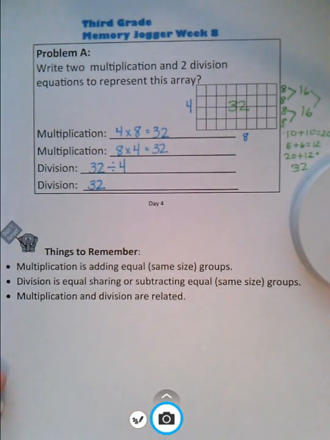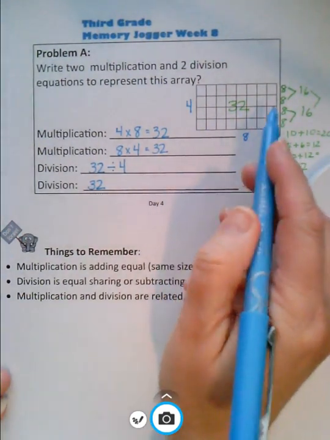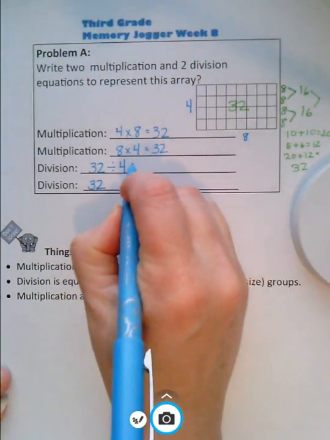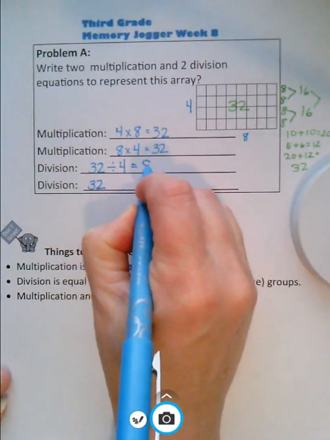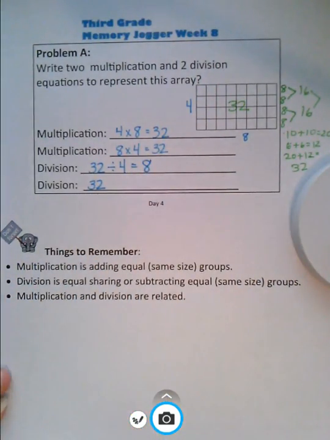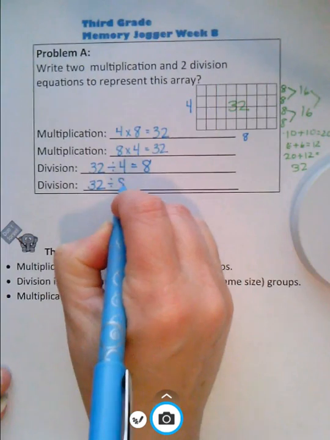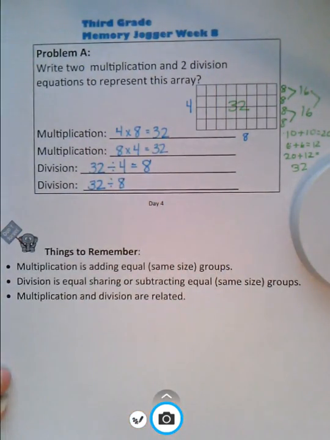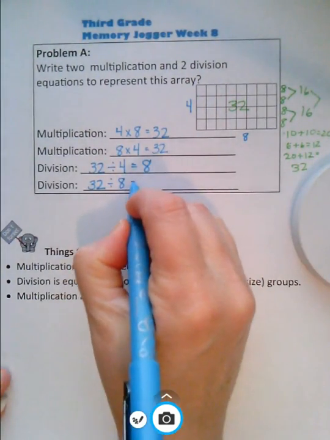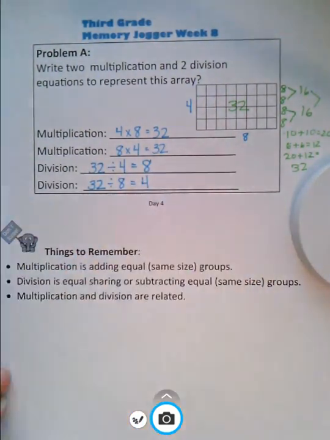How many would be in each row? We can look at our diagram and see that there's 8 in each row. But what if we were to say we have 32 and we're going to divide the 32 into 8 equal columns? How many would be in each column? There would be 4 in each column.